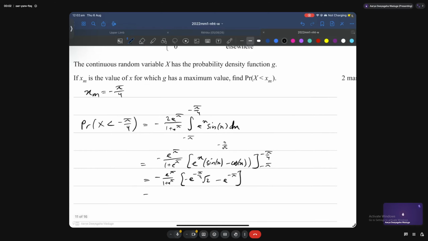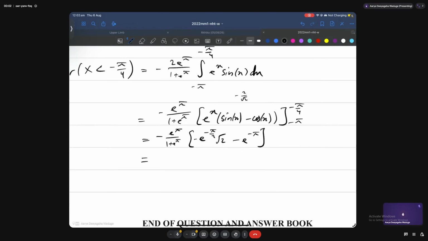This has got to be simplified in some way. How does this simplify? So this is going to be e to the negative pi over 1 plus e to the pi. I'll just get rid of all the negatives just to make my life a bit easier.